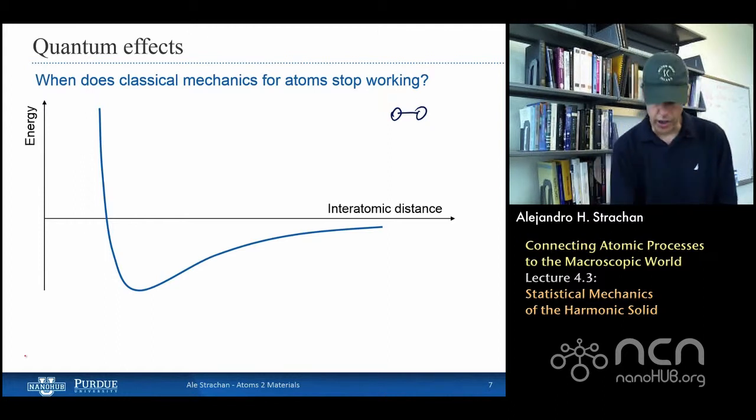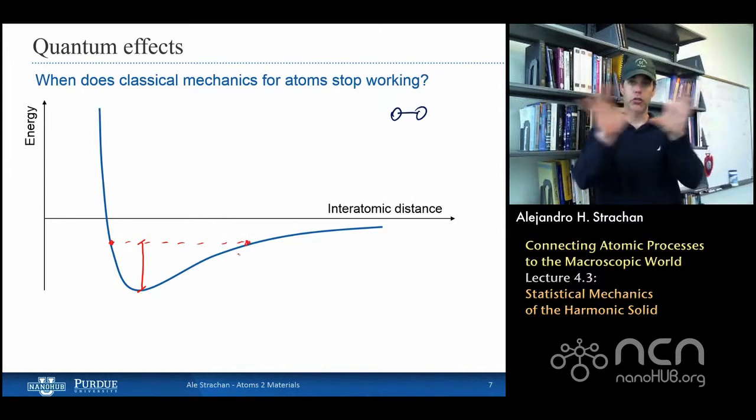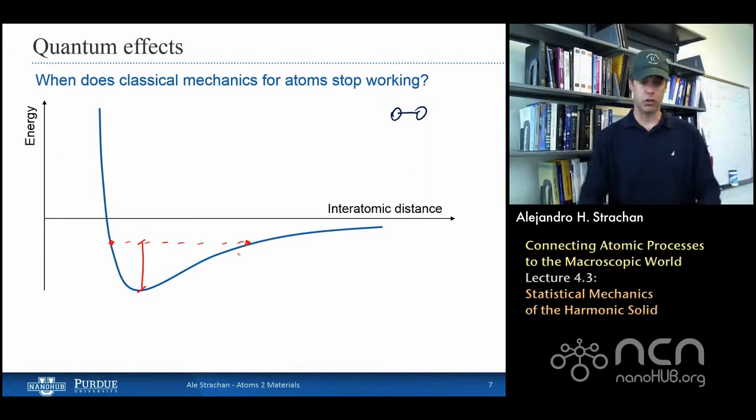So let's say I have a kinetic energy that's this big. What will happen is the distance between the two atoms will oscillate between those 2 points.